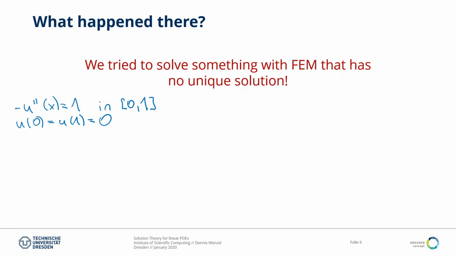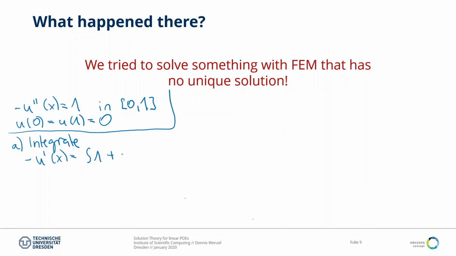Then, well, of course, this is a super simple example, so let's just solve it. What do we do? Well, we start off by integrating, right? So if you have something classified as a differential equation, then you can just integrate, because on the right hand side you don't have u occurring here, so it's essentially just integrating. Integrating once gives you something like minus u prime of x is the integral over 1 plus some constant alpha, right?